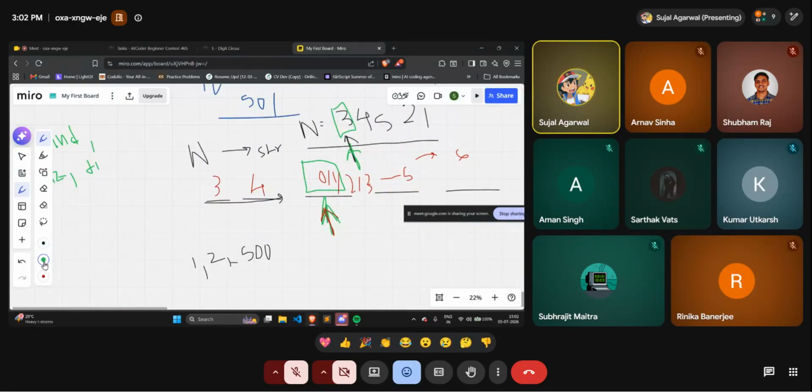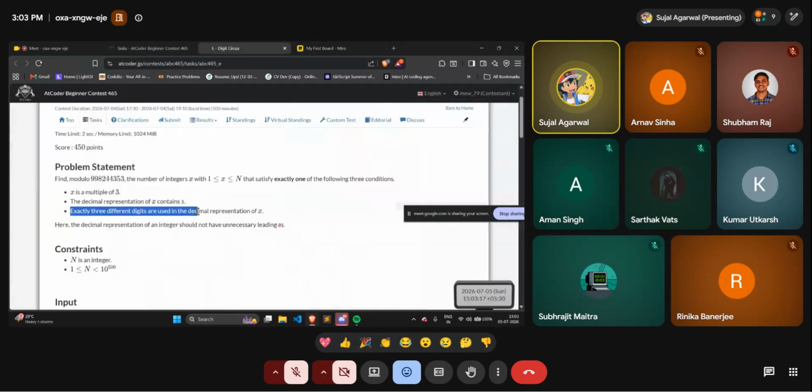So we can store a boolean value. If we have stored a 3 it would give me true, and if we have not stored a 3 up till the end, it would give me false. Maintaining this state was easy. The next condition was exactly three different digits are used in the decimal representation of x.